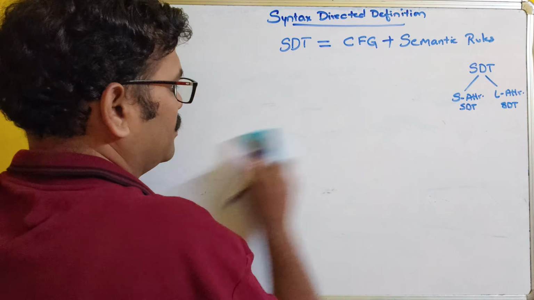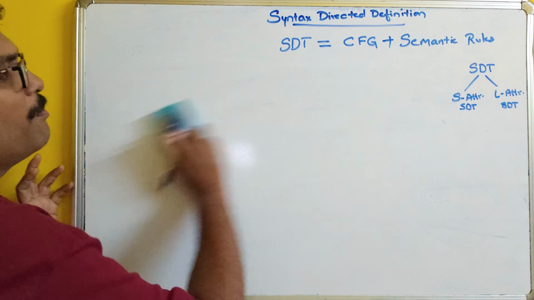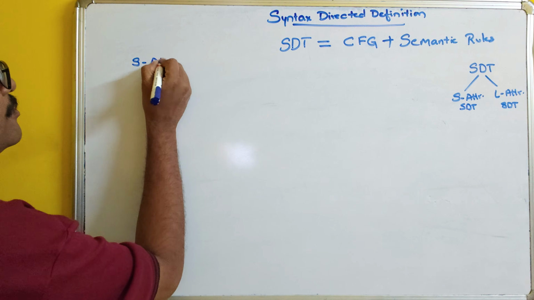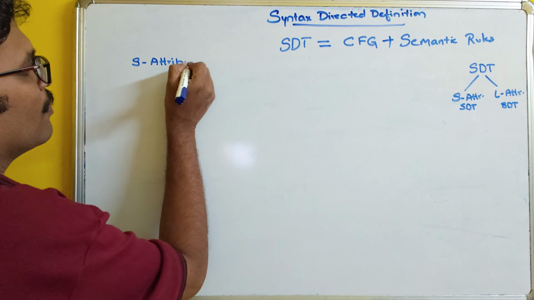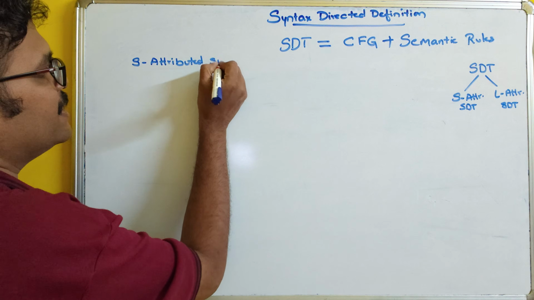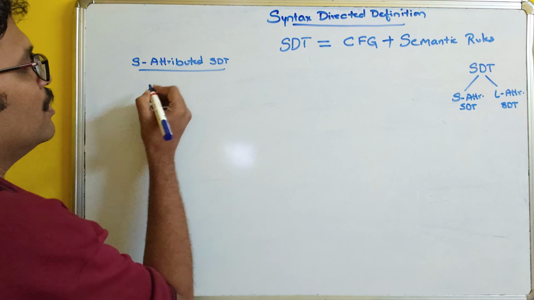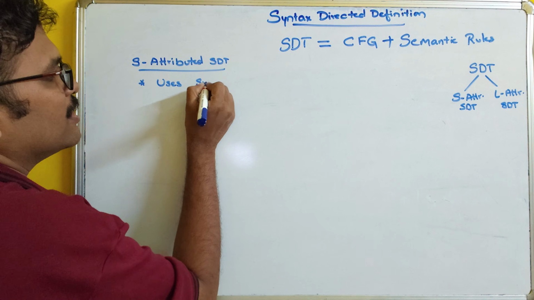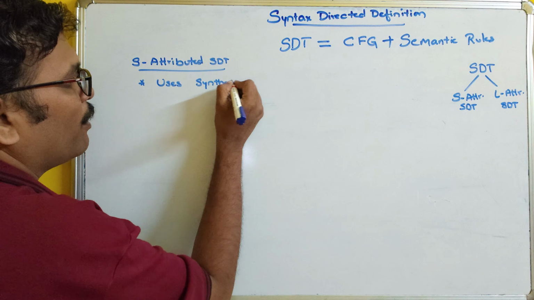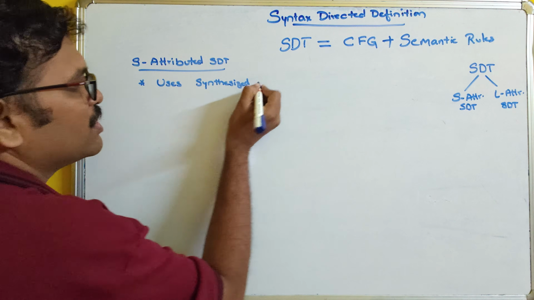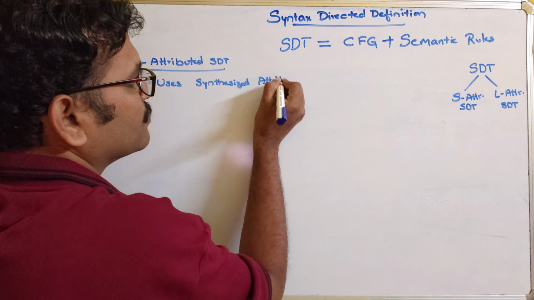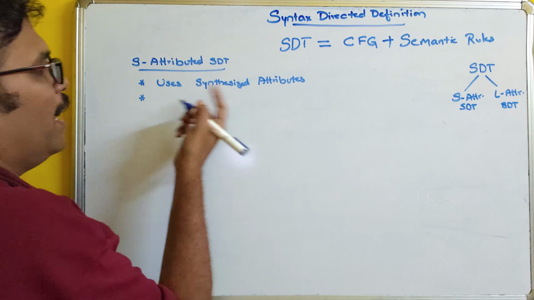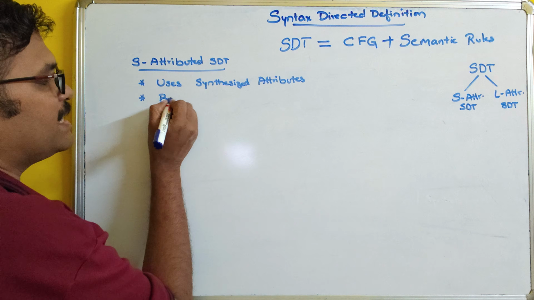See, simple example, S attributed SDD. So first it uses synthesized attributes, and it will be using the bottom-up parsing.